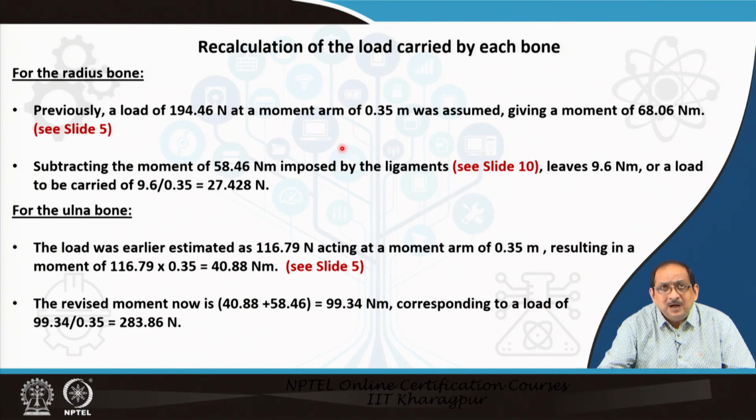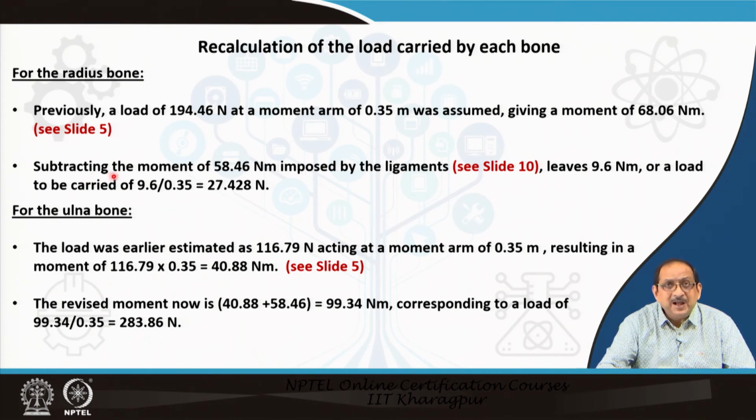Previously, an external load of 194.46 at a moment arm of 0.35 was assumed, giving rise to a moment of 68.06 Newton meter. For the detailed calculation you can refer back to slide 5. This was previously the load and the moment arm, giving rise to the moment 68.06.